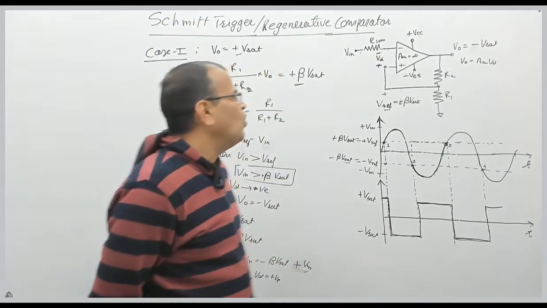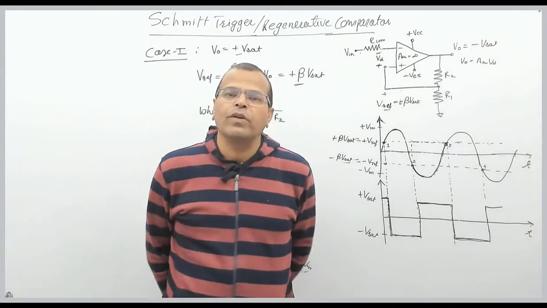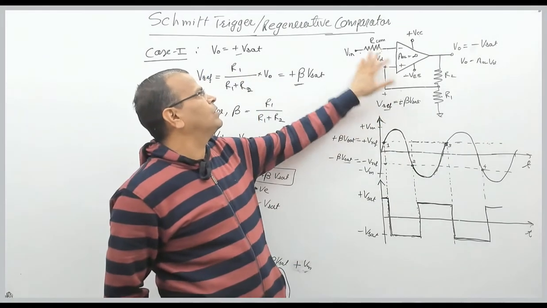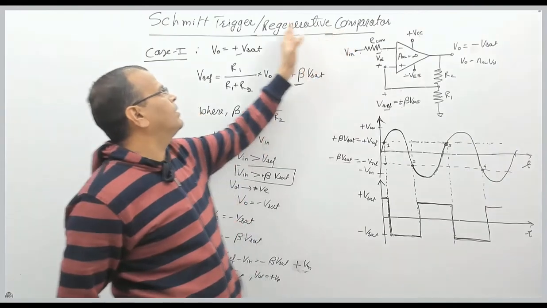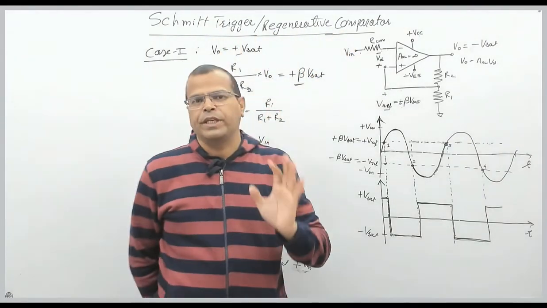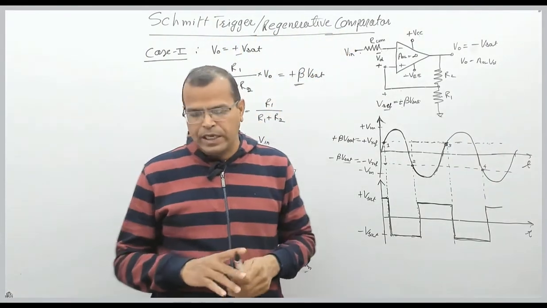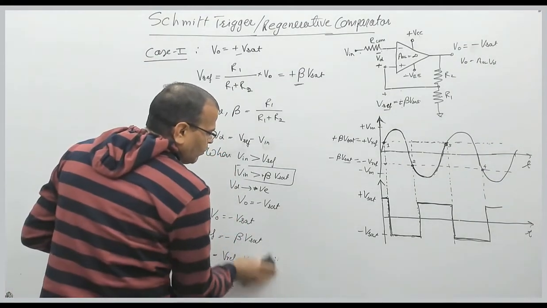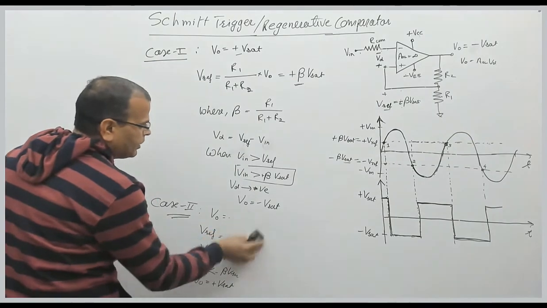So that is how we convert a sinusoidal wave to a square wave using this circuit, which is also called regenerative comparator or Schmitt trigger. I hope concept is clear, right? So that is how we explain the working of Schmitt trigger.